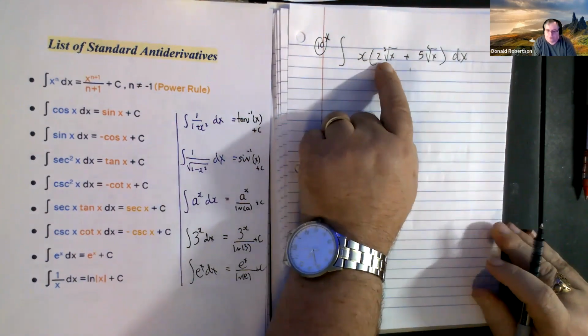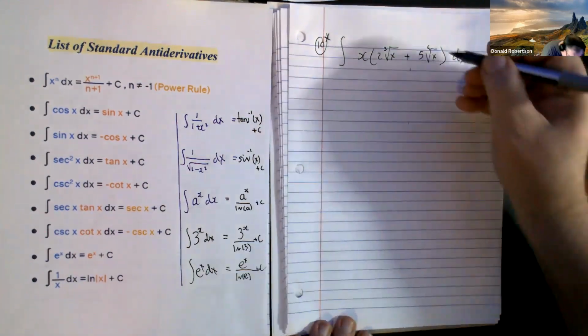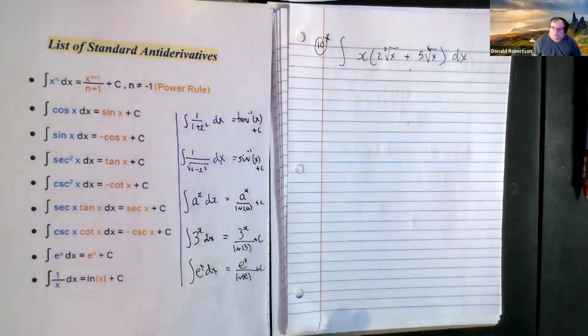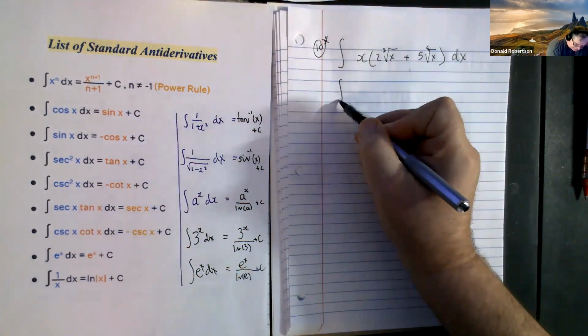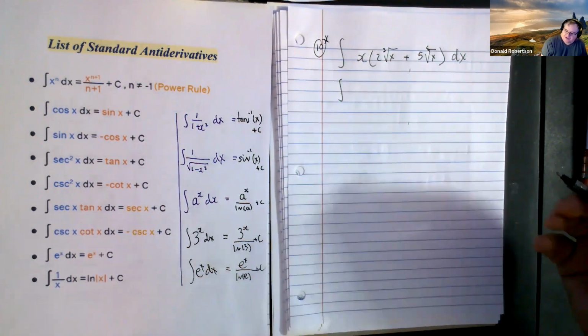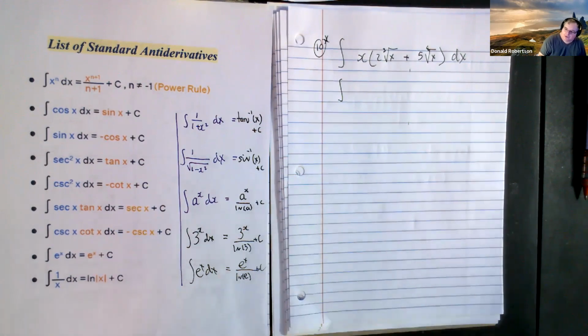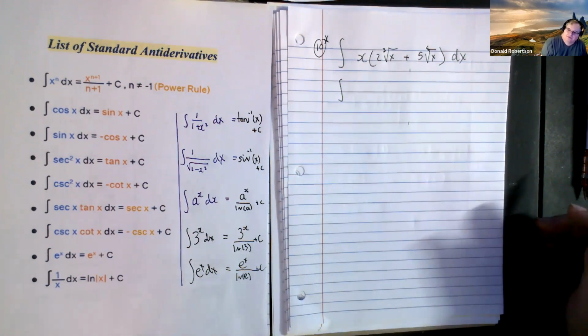So it's 2 cube root of x plus 5, that's meant to say 4, 4th root of x. That's what we've got to deal with. Any suggestions about how to change the way this looks so that we could eventually get antiderivatives?